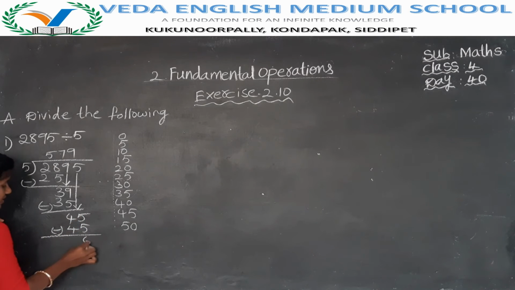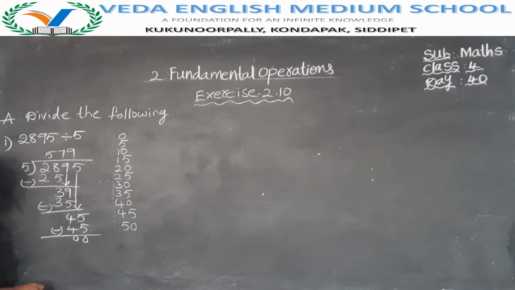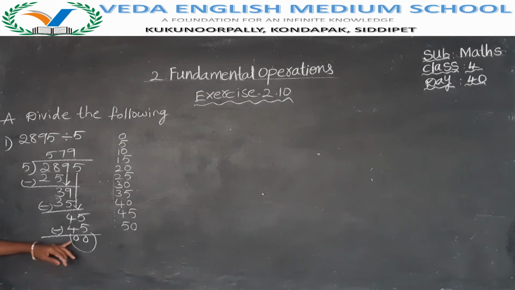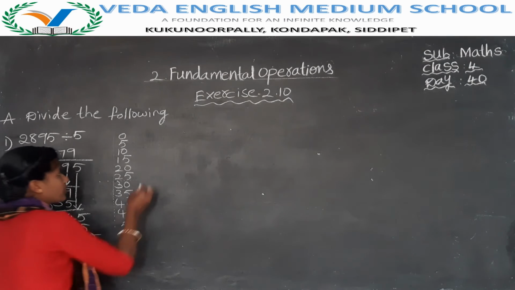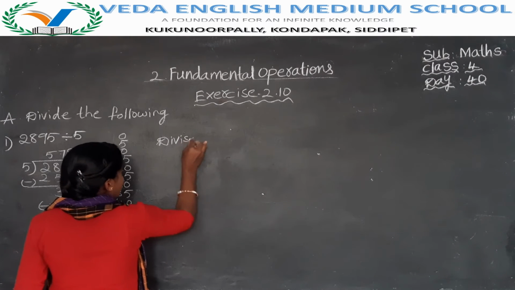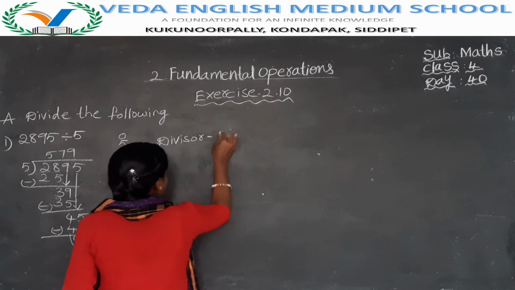5 minus 5 is 0. 4 minus 4 is 0. Now after 5 do you have any number to bring down here? No. So our division has completed. What is your remainder? Remainder is 0. What is the quotient? 579. Now here you have to write everything. Divisor, D-I-V-I-S-O-R. Divisor is 5.